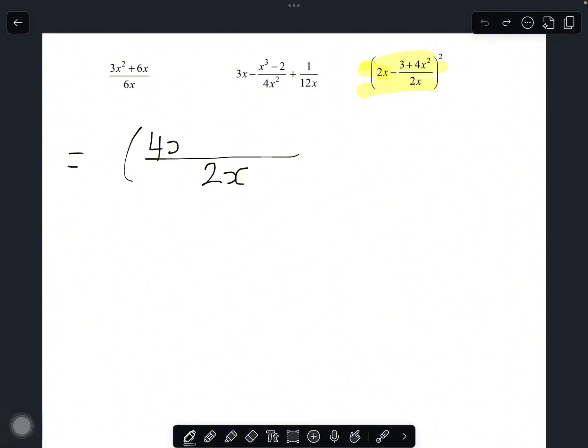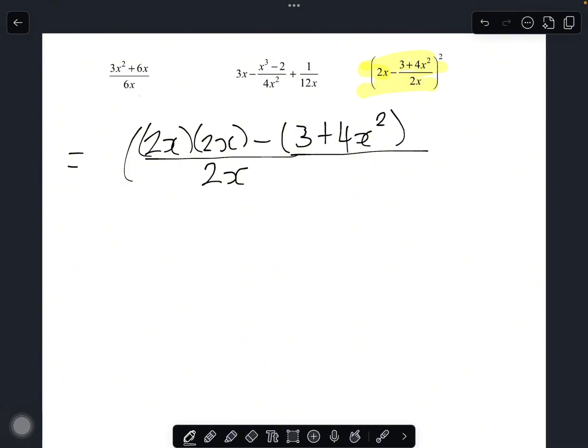Okay, or we can write it as 2x into 2x, which will give us 4x squared, minus, open brackets, 3 plus 4x squared, and this whole thing is going to be squared.